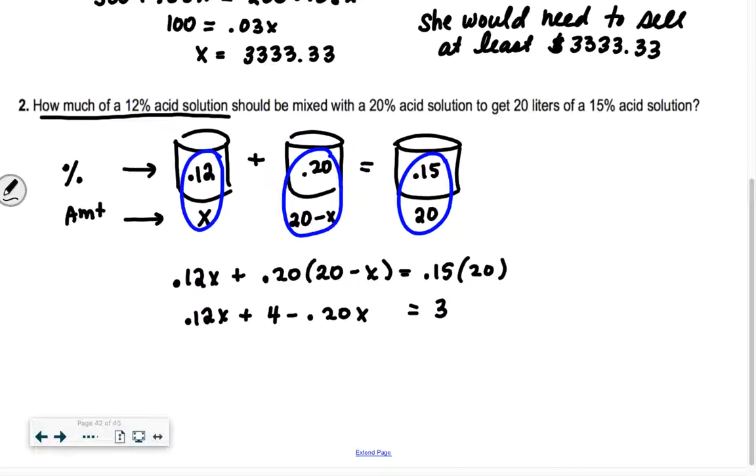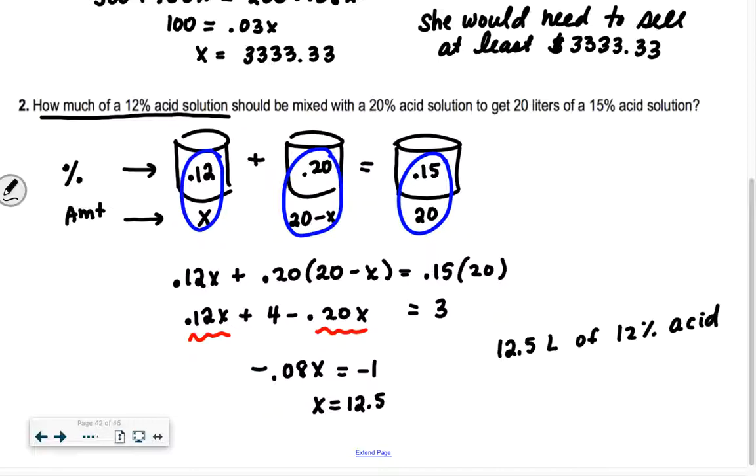We continue subtracting, so when I combine these two terms, be careful, we do get negative 0.08x. And when we subtract the 4 over here, we end up getting negative 1. So when we divide 1 by 0.08, we get 12.5. So we have 12.5 liters of 12% acid.